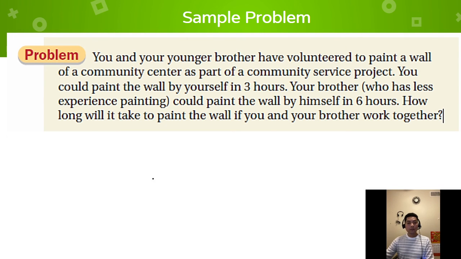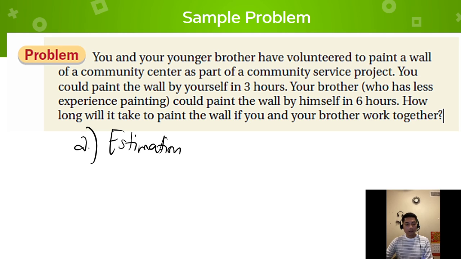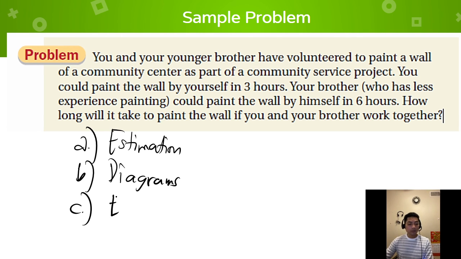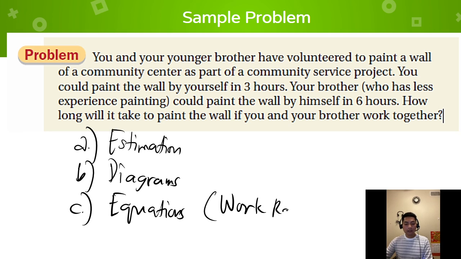Okay, so we review that we can do estimation first, and then the second we can do diagrams, and on the third part we can actually do equations. Again, work rate times time equals work done.